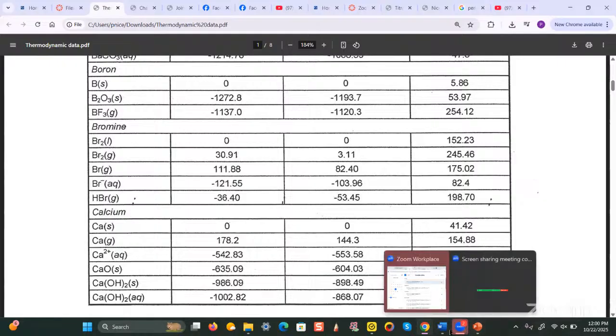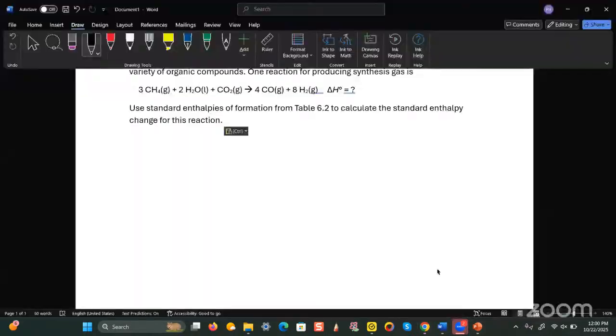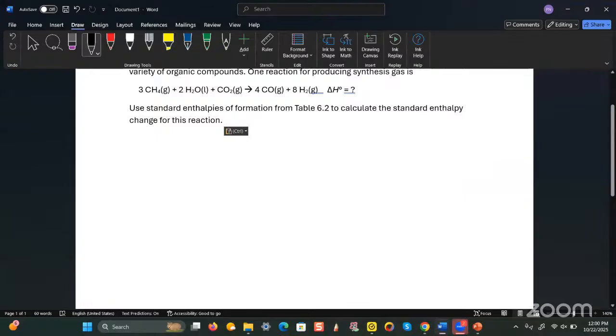But first, what I'm going to do is write down an equation for calculating delta H standard. That will be equal to 4 times the delta H of formation standard of carbon monoxide gas, plus, now here we have hydrogen, which is H2 gas, which exists in nature as H2.